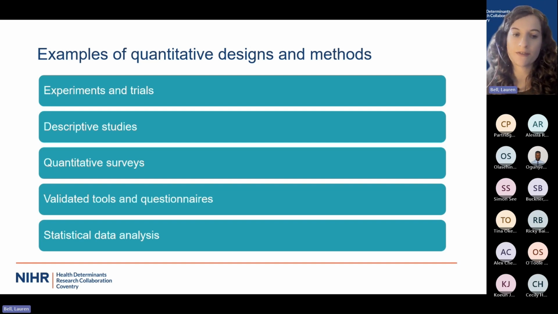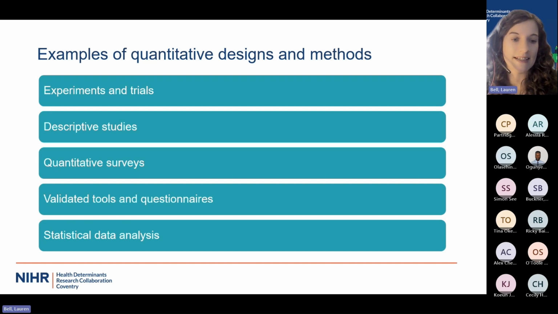You might use surveys to do this. Again, I'm sure we're all familiar with designing surveys. But what's important to think about here is the questions you're asking and the way that they're being asked. HDRC Self-Teach did a very good session on this recently, so I'd recommend looking for that video if you're wanting to learn more about how to design a survey.